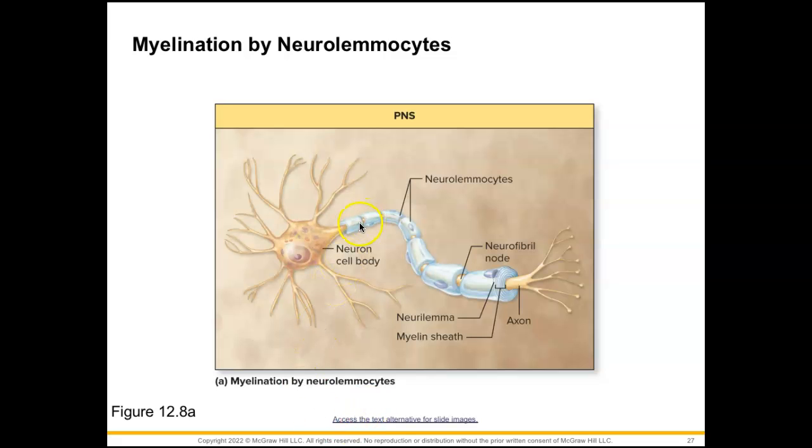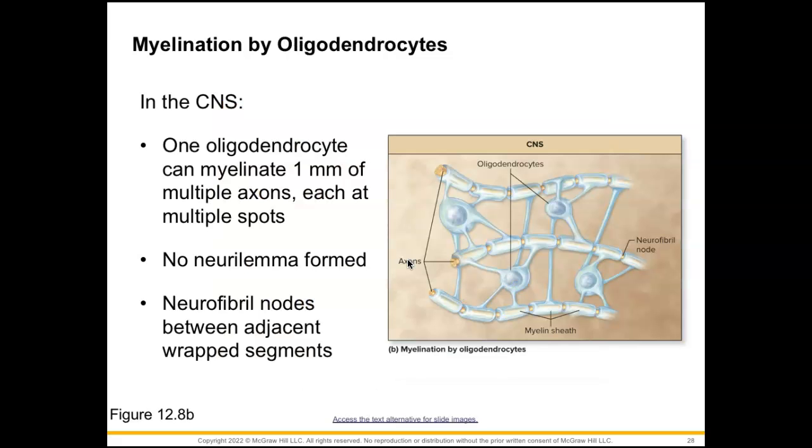And here's that photo here. So you can see these spaces or gaps in here are nodes of Ranvier, or we can also call them the neurofibril node. And here are the neurolemmocytes or Schwann cells that are making up the myelin sheaths, and we see that nucleus shifted to one side.